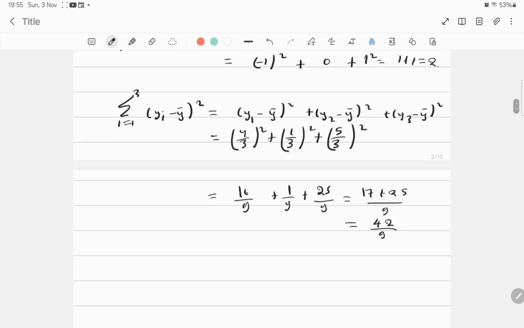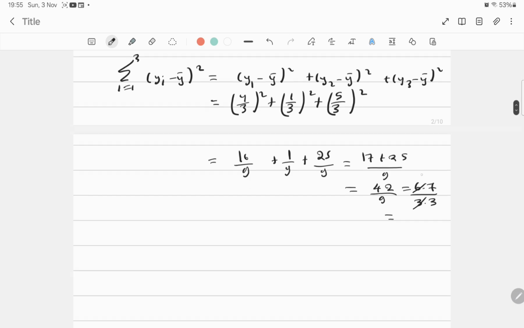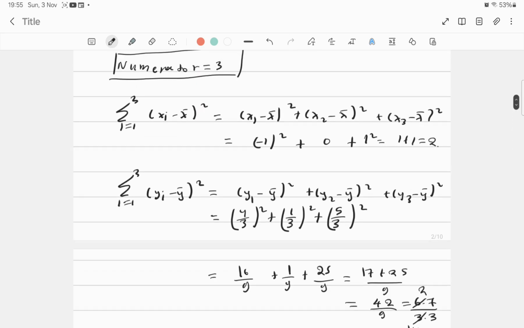It's 42/9. We can simplify this fraction. That's 14/3. Okay.